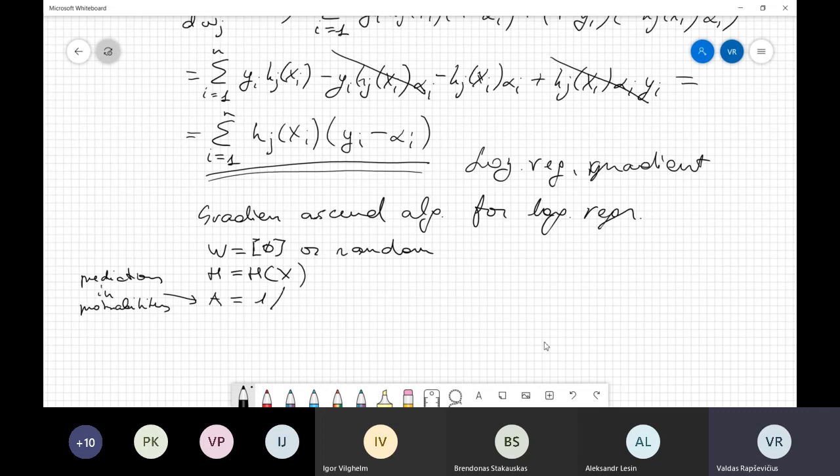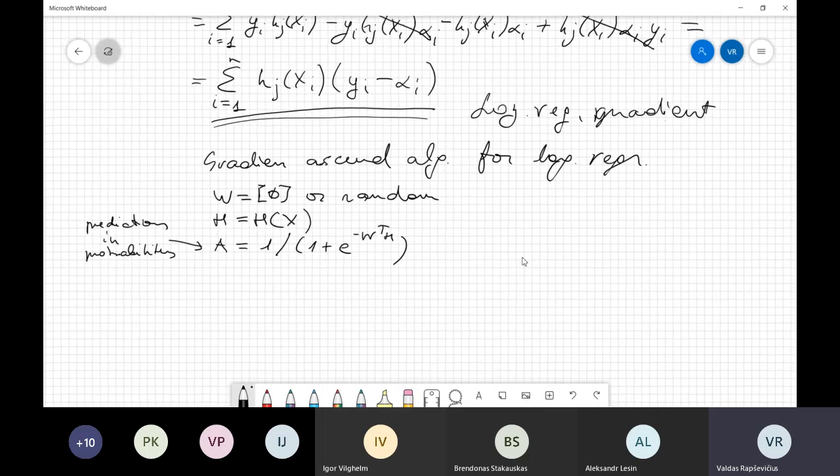So we do exactly the thing we did so far. This is basically the sigmoid function, 1 divided by 1 plus e to the minus w transpose x, right? So basically we calculate the probabilities. So these are our predictions.